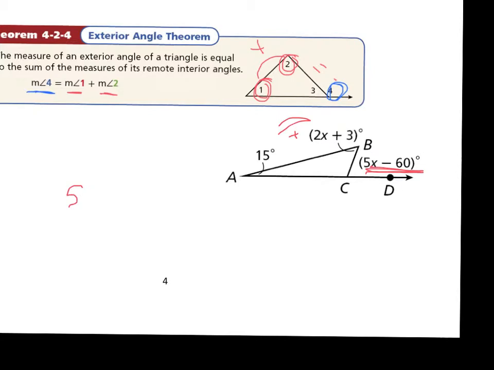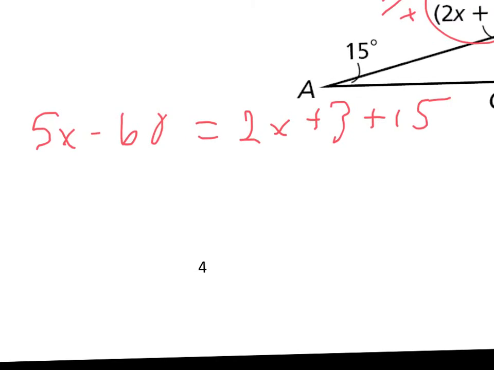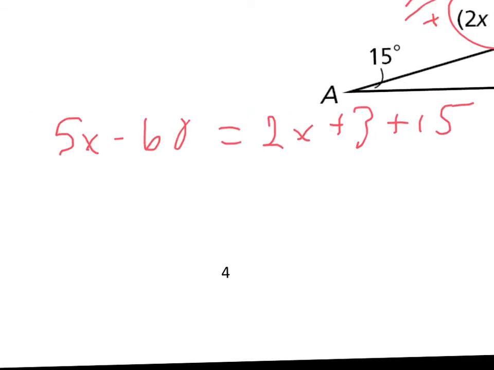We know that 5x minus 60, our exterior angle, is equal to our two remote interior angles, 2x plus 3 and 15. So let's go ahead and combine like terms here. That would give us 5x minus 60 is equal to 2x plus 18.